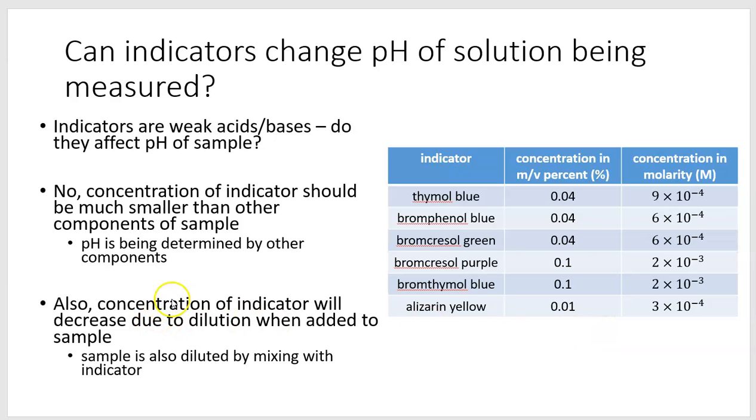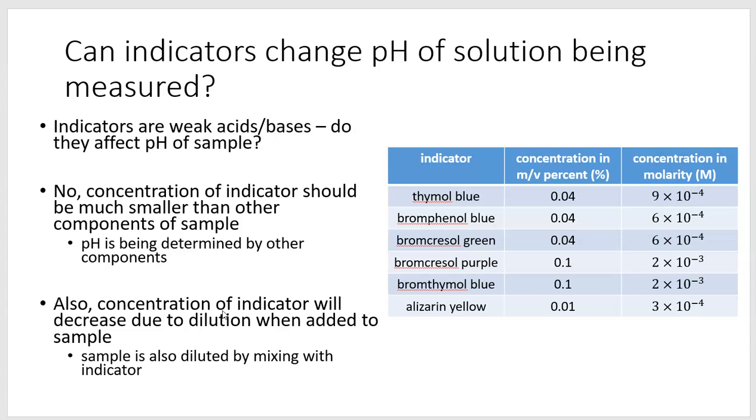We also have to factor in dilution. For this experiment, it's not so much because you take 2 or 3 drops of the solution being tested and 1 or 2 drops of the indicator, so you're diluting both of them by about half, because you're adding about equal amounts of each.